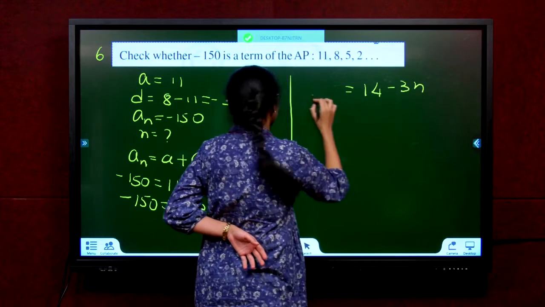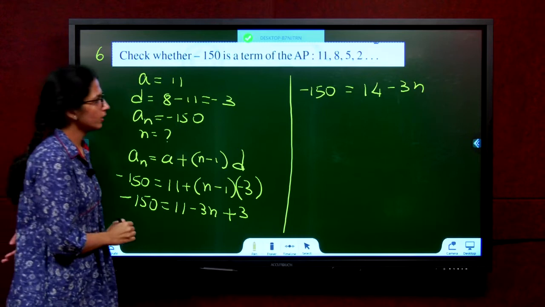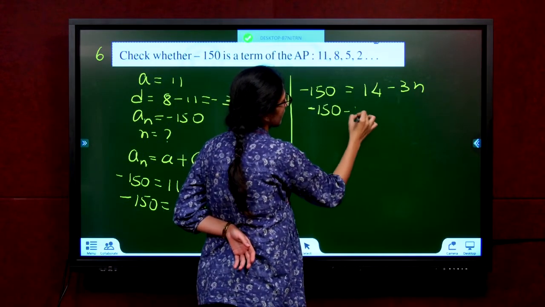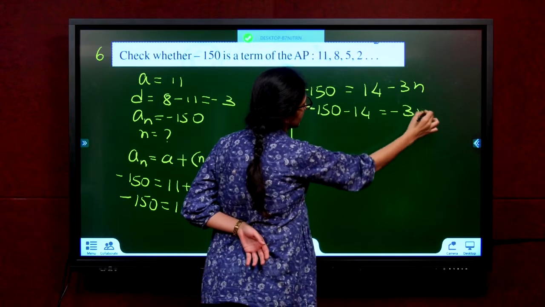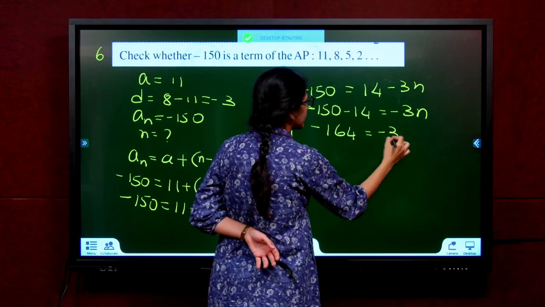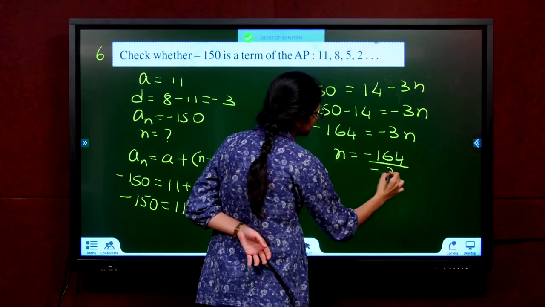Minus 3n, and this side you have minus 150. So now 14 comes this side, minus 150 minus 14 is equal to minus 3n. Minus 164 is equal to minus 3n. n is equal to minus 164 by minus 3.